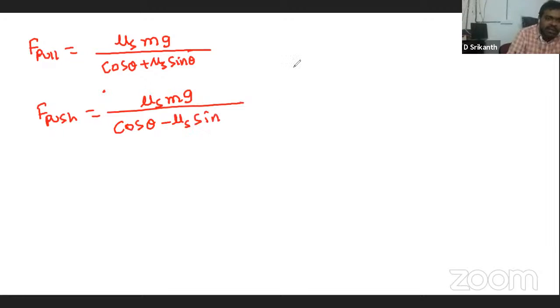Further, we consider the mu value as the same. Mu s is the same for both the cases, and mass is also the same. Theta is also the same.